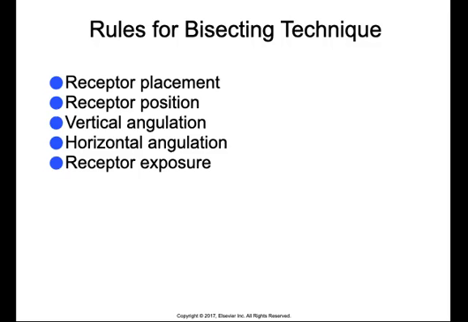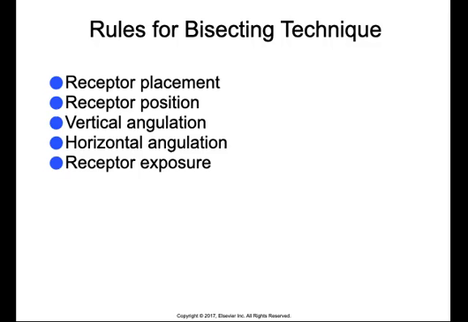With vertical angulation, the central ray of the X-ray beam must be directed perpendicular or at a right angle to the imaginary bisector that divides the angle formed by the receptor and the long axis of the tooth. With horizontal angulation, the central ray of the X-ray beam must be directed through the contact areas between the teeth to avoid any overlapped contact areas.